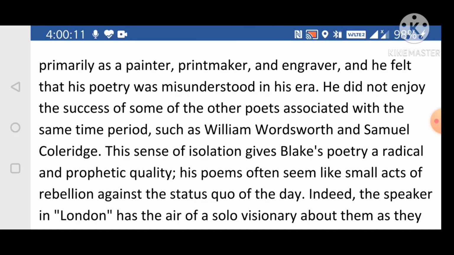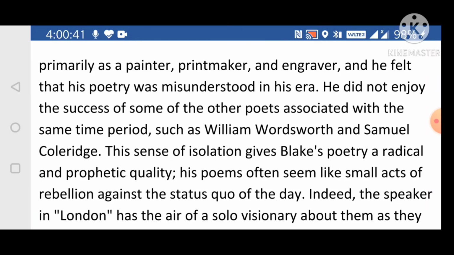He did not enjoy the success of some of the other poets associated with the same time period, such as William Wordsworth and Samuel Taylor Coleridge. This sense of isolation gives Blake's poetry a radical and prophetic quality. His poems often seem like small acts of rebellion against the status quo of the day.